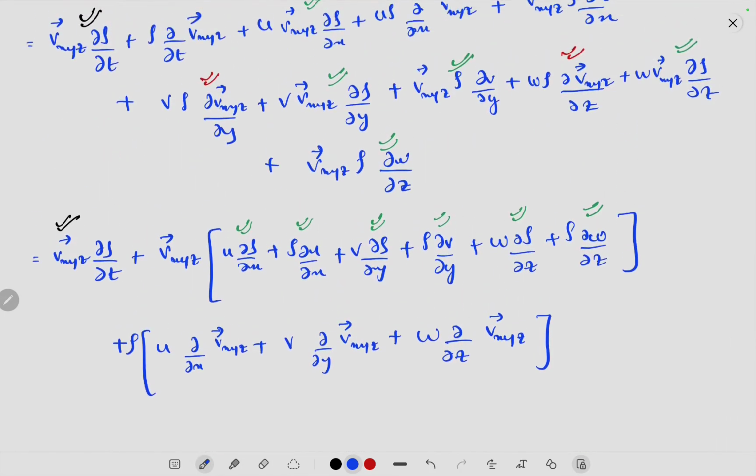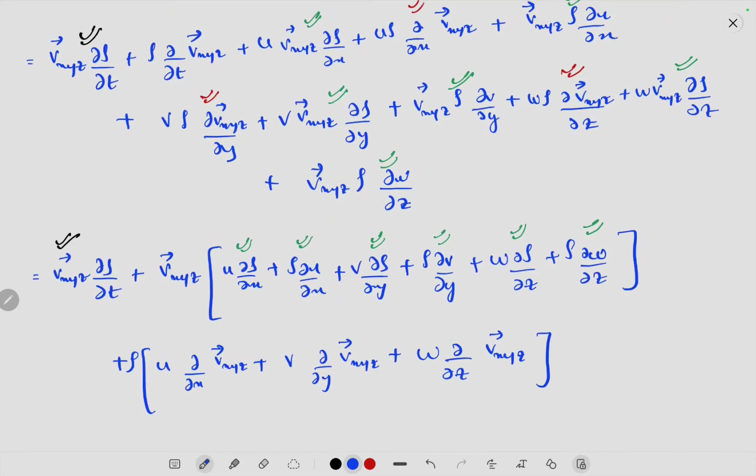Have I missed it somewhere? Yes, there is my rho del v over del t which I missed, so there would be plus rho del v over del t also.